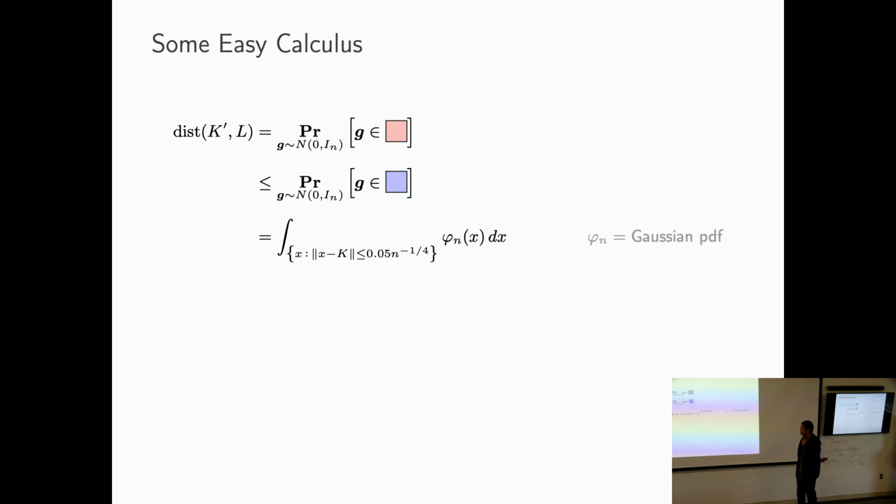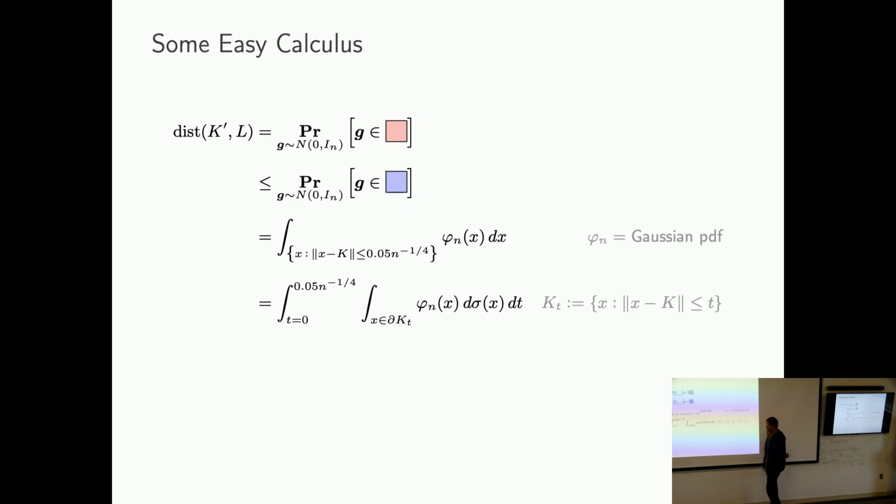Let's just say K prime, but that's okay. So we can break this down into level sets. I'm just doing a change of variables. It's going from t equals 0 to exactly this distance, integrating the Gaussian density along the boundary of each of these level sets. So K_t is all the points which are distance at most t from K.